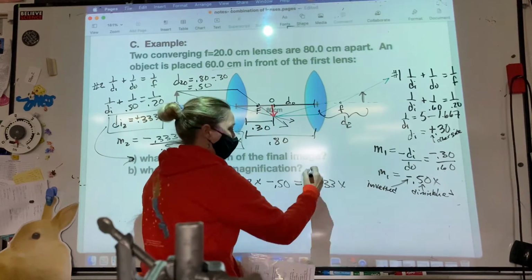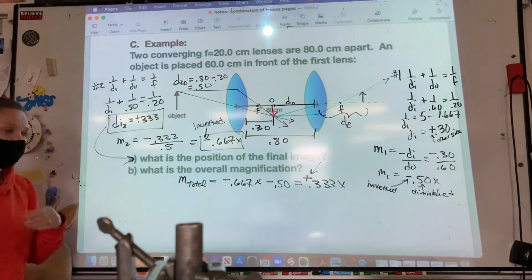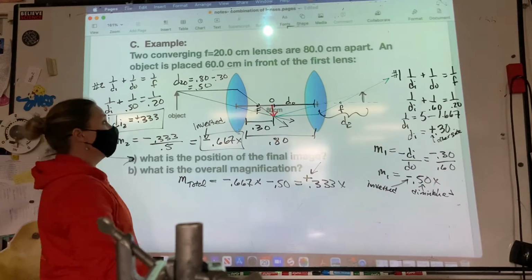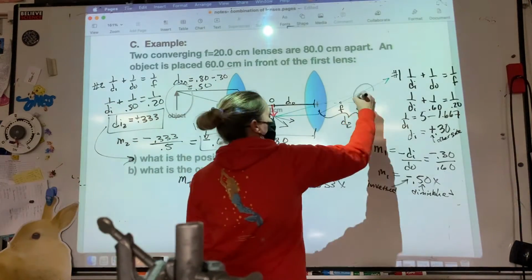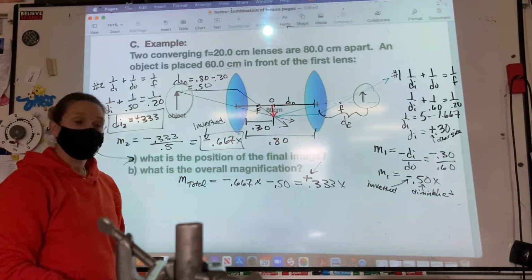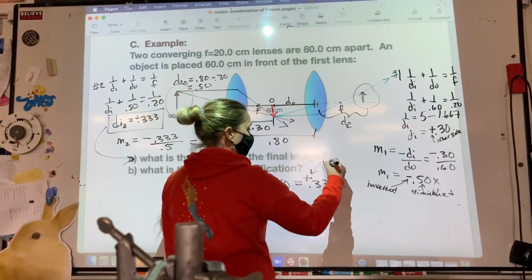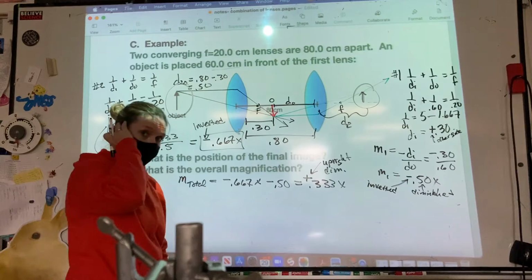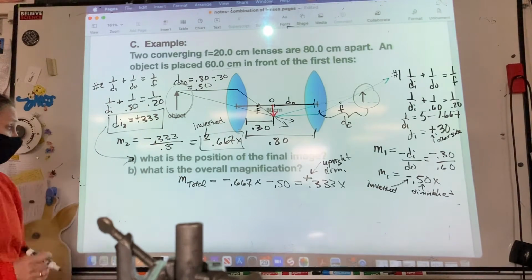Oh yeah, that makes sense. And yay, what do we see? Overall, our object is upright and diminished. Is the overall magnification always going to be equal to the di2?